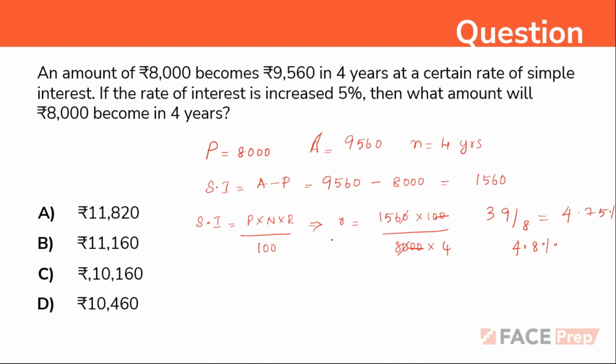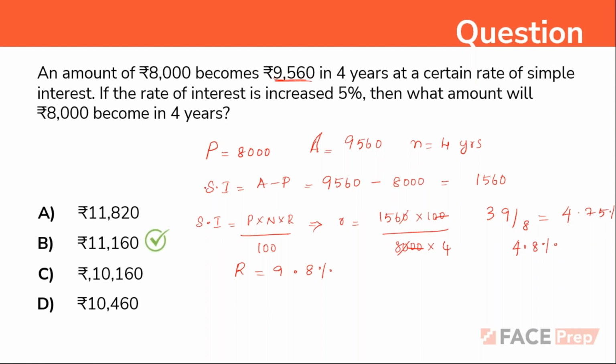Now what I'm supposed to do, if the rate of interest is increased by 5%, so in this 4.8%, I need to add 5%. Hence my new rate of interest becomes 9.8%. If it is 9.8%, for the same case, what will be the amount? I need to find the amount for this particular case.